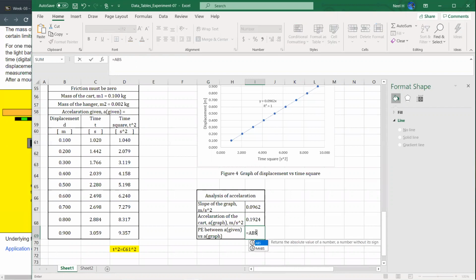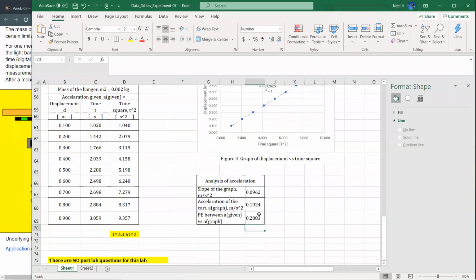Equal sign, ABS, parentheses, expected 0.192 from the simulator minus calculated 0.1924, close bracket, divide by 0.192 multiplied by 100. So I have a very small percentage error, but it's better to check that anyway.